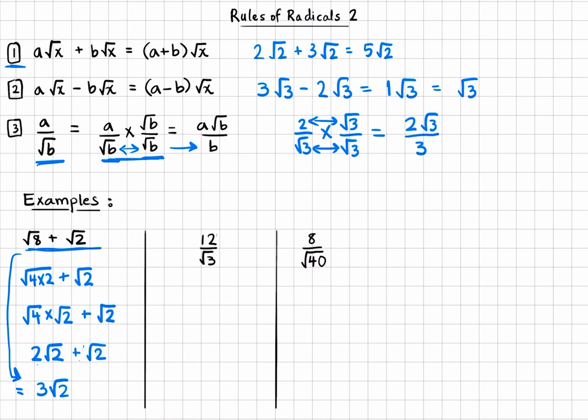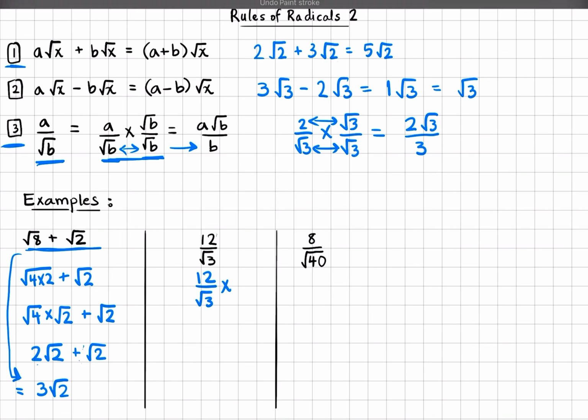Okay, next question. 12 divided by square root 3. Now immediately, just looking at this, because we have a fraction with a denominator being a square root, we're gonna apply the last rule we discussed here right away. We don't have to think about it so much. So based on the rule, what we're going to do is multiply this fraction by whatever the square root is in the denominator.